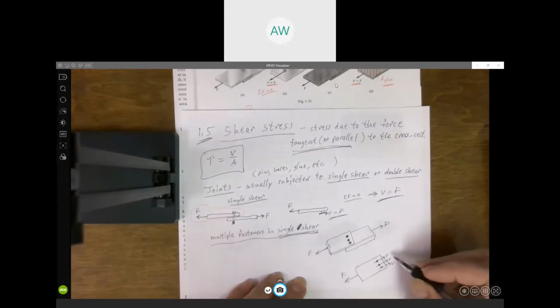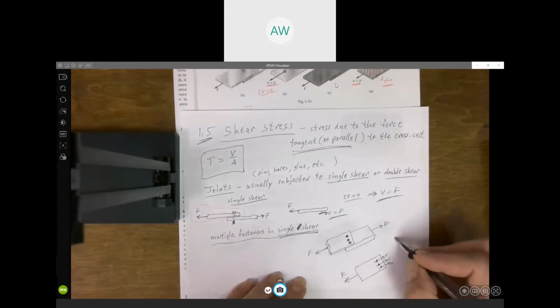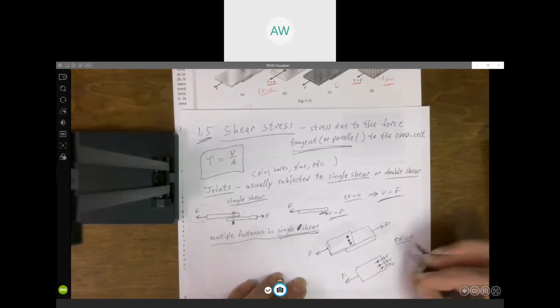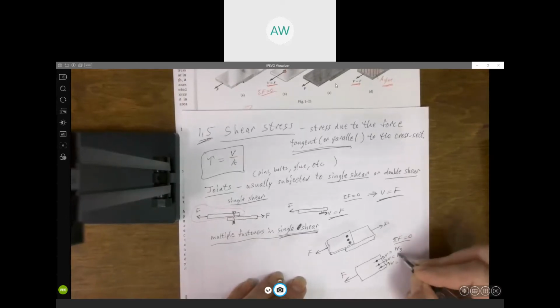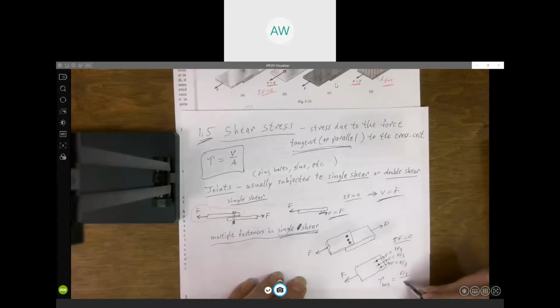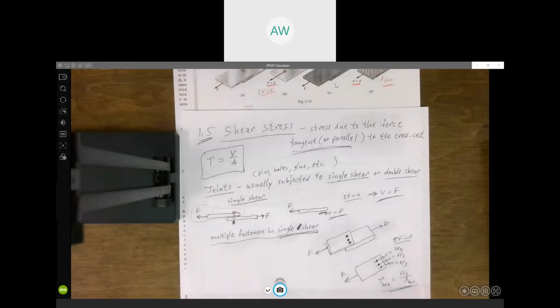So here, again, if the forces have got to add up to 0, V has got to be F over 3. And so if you were getting the shear stress on each bolt, it would be F over 3, or 1/3 of F, divided by the area of, again, one bolt. Right? But that's still considered single shear, as opposed to triple shear.